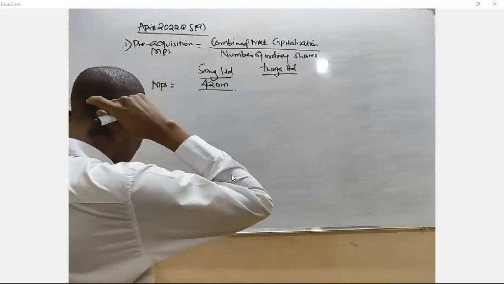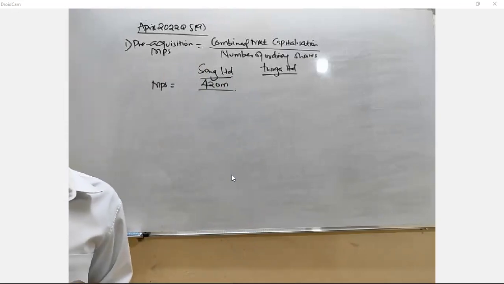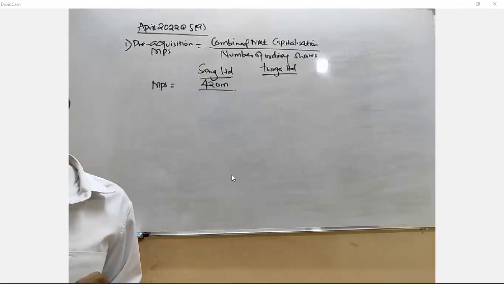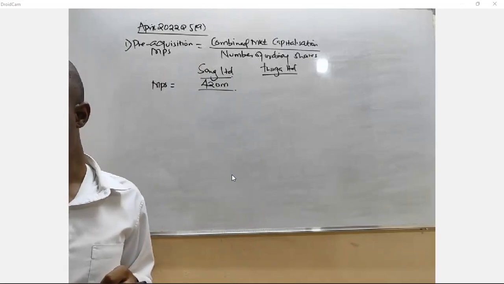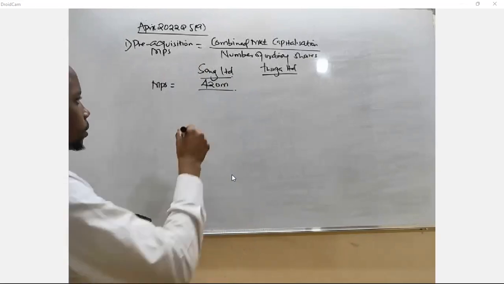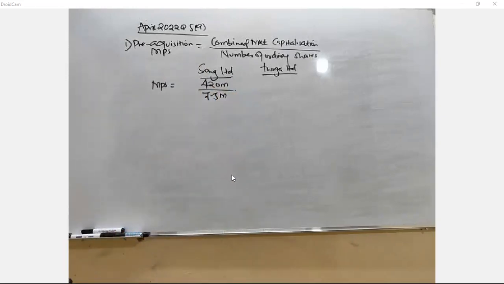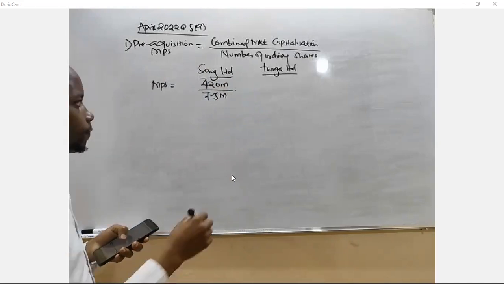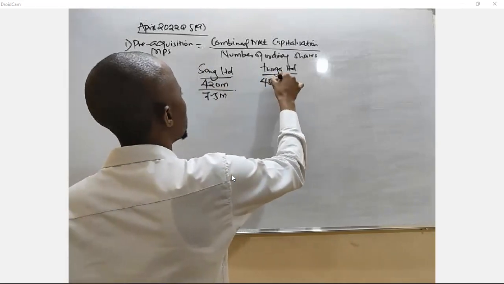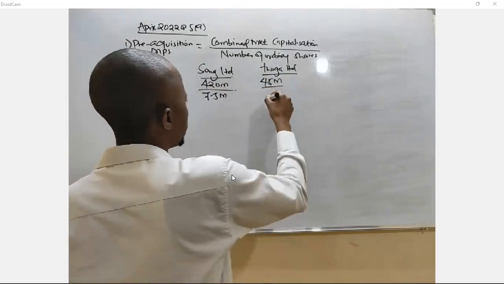You divide it by the number of ordinary shares, the number of issued shares, 7.5 million. Then for the other one, it is 45 million. We divide 45 million by around 1.5 million.